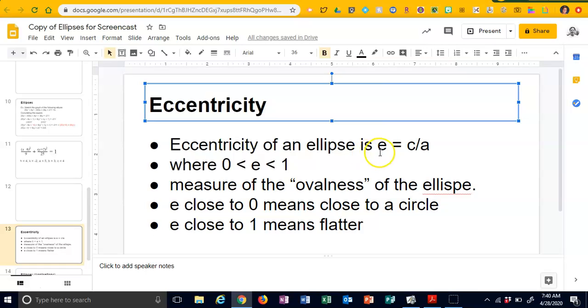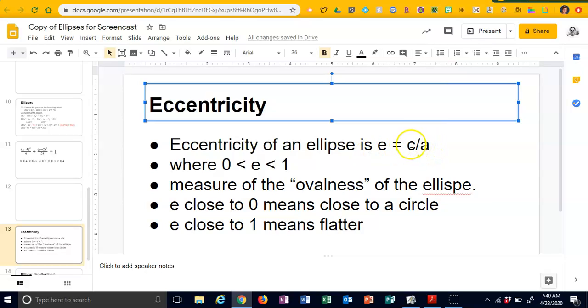All right. So this eccentricity concept, we'll call it E. E is a fraction, and it looks at C divided by A, or in other words, the distance from the center to a foci compared to the center to the vertices, the major vertices, the main ones, all right?